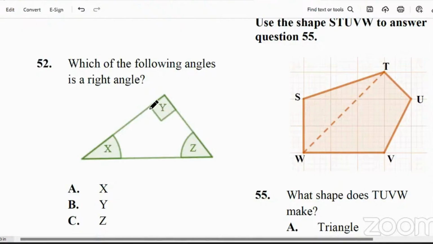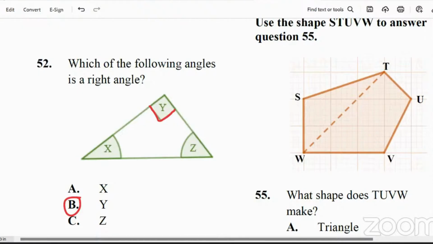So just looking at this triangle without any other information, because of this square, I know that this is the right angle. It usually has a square, not curved like these other two angles. So the angle that is the right angle would be Y. Just look out for a square, and that gives you the right angle. That's the easiest, quickest way to figure out what the right angle is. Okay?